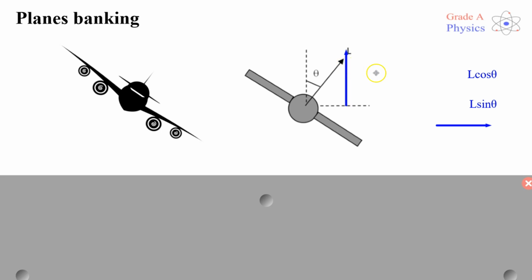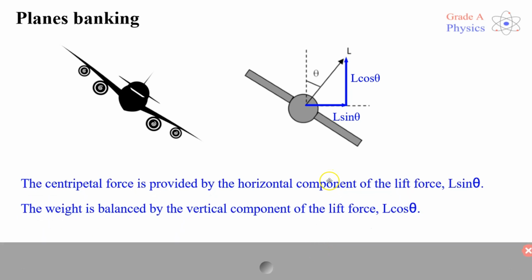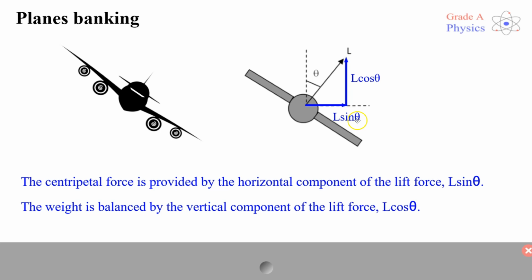I have a vertical component of the lift force and a horizontal component of the lift force, and I can work out these values in terms of L and theta. So L cos theta is the vertical component, L sine theta is the horizontal component. You can see the similarity here with the previous two examples. The reason we move in a circle towards the center on the right of the screen is because we have a centripetal force provided by the horizontal component of the lift force, L sine theta.